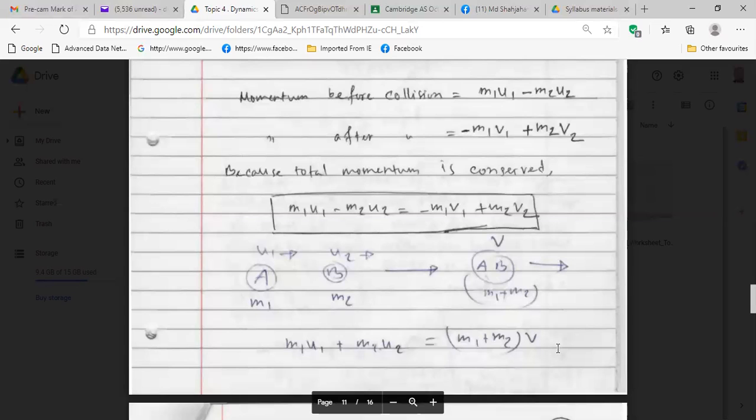Okay, sir. So it's the difference between kinematics and dynamics, right? In dynamics we include the force. In kinematics we do not discuss the force. Okay.